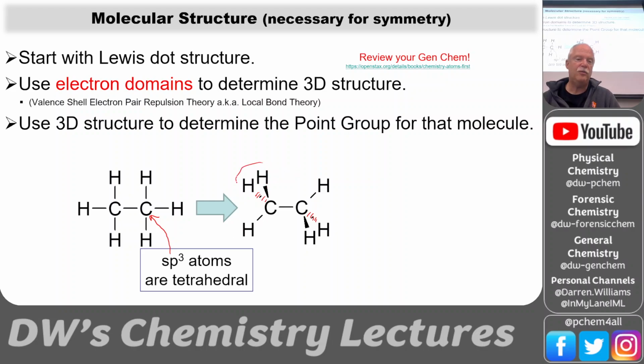Notice these two hydrogens are really close together. This is a very important point in your ability to draw molecules. Okay, when we take these two hydrogens right here, and we say that this angle is not 90 degrees, it's really 109.5, then we've got to get that hydrogen away from this hydrogen.